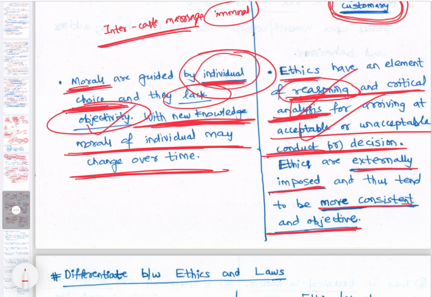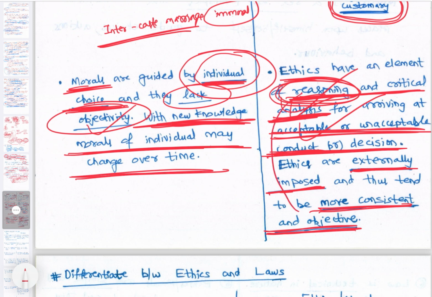Because of this reasoning, by consuming alcohol, many people have ruined their life. So with this reasoning and critical analysis, they have arrived at acceptable conduct or decision. So to change that at the societal level is very difficult. So ethics are externally imposed, society imposed, and thus tend to be more consistent and objective.